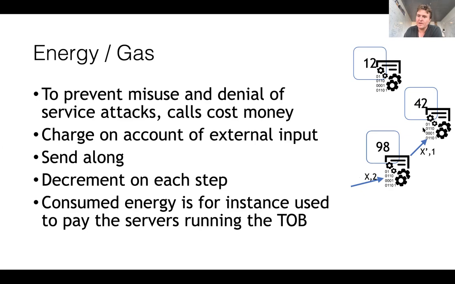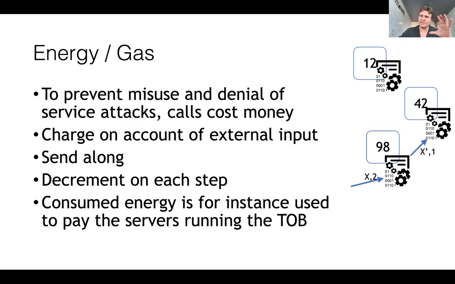In particular, this cryptocurrency that is being consumed, that is being subtracted, you can think of as being put onto some kind of system account from which it's used to pay the servers running the system. The way it's typically done in blockchains is, we have these servers, and in each step there is one server that makes the next block.